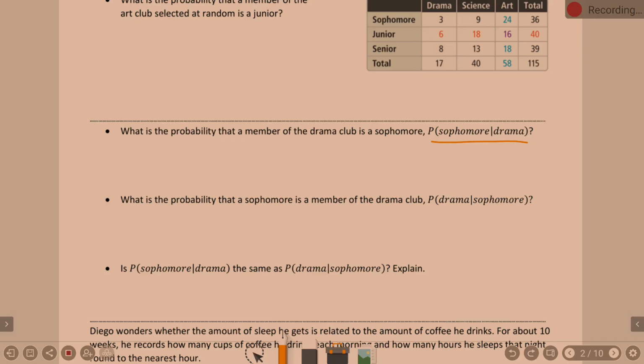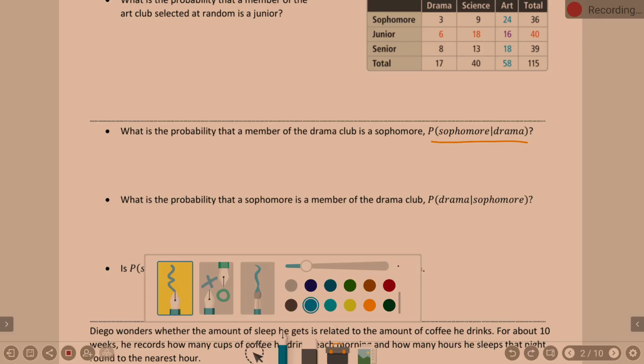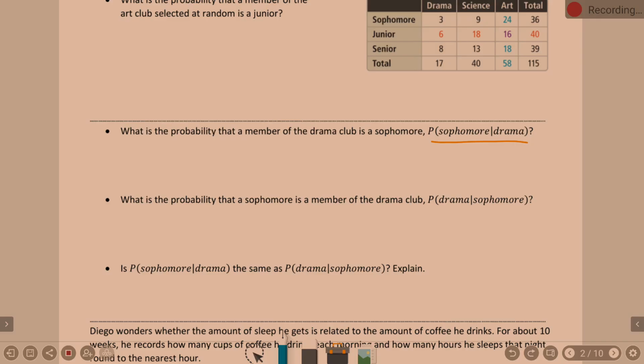Now, when I go to set that up, words first, not numbers. What goes on top? It's a probability of what on top? Words first. Sophomores? Sophomores in drama club. Sophomores and drama club, right? Yeah. So basically, yeah, sophomores in drama club.